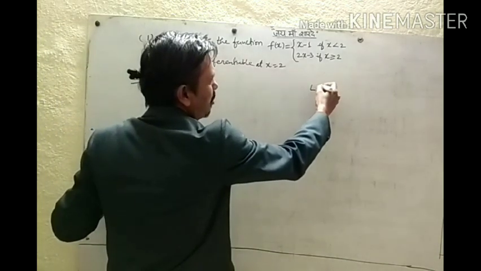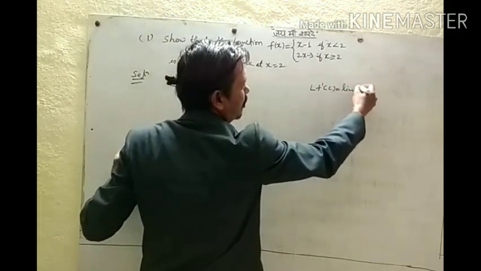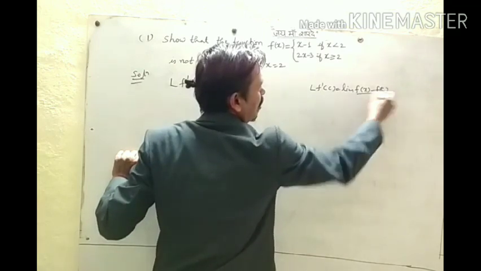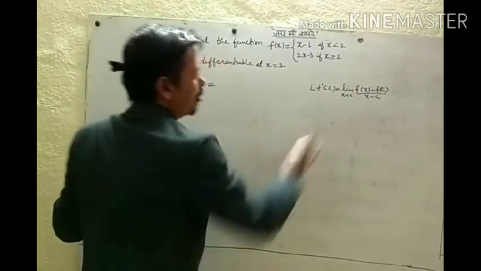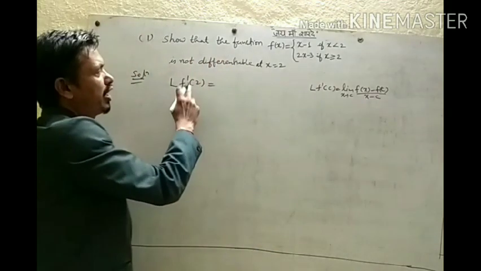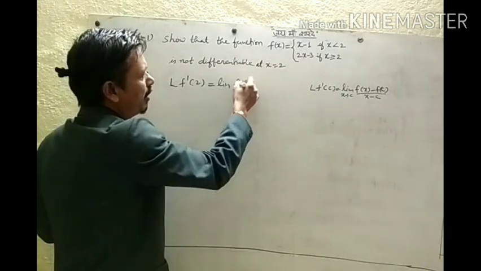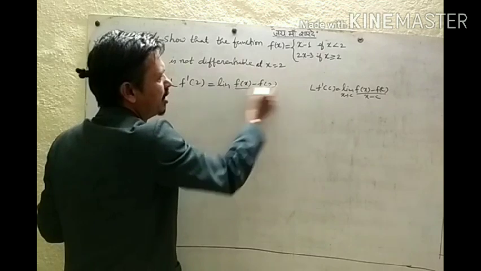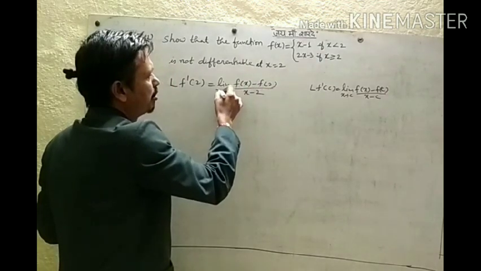And the left hand derivative of any function at c is the limit of (f of x minus f of c) upon (x minus c) when x tends to c. So the left hand derivative at x equal to 2 will be the limit of (f of x minus f of 2) upon (x minus 2) when x tends to 2.